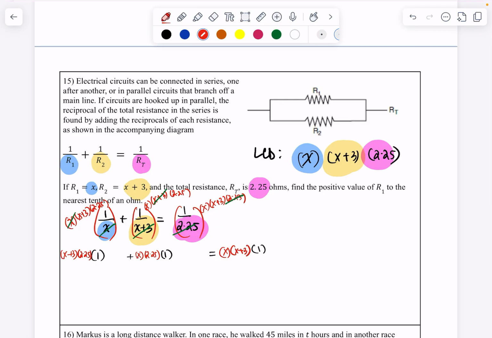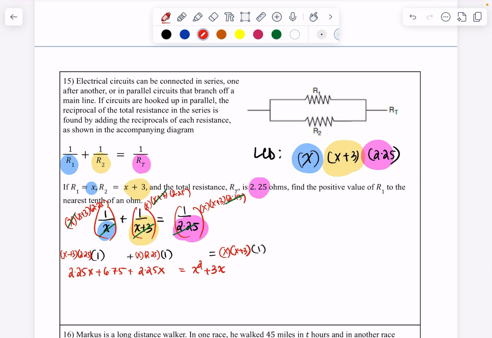Okay, so we have to distribute, so we have 2.25x, and then 2.25 times 3, I do not know what that is. I need to use my calculator. 2.25 times 3 is going to give us 6.75. Plus we have a 2.25x, which is equal to x squared plus 3x.